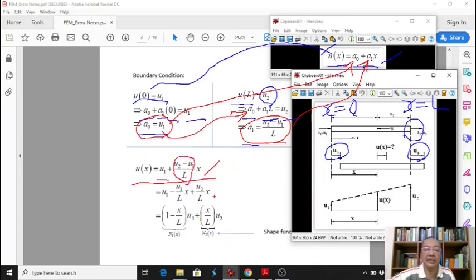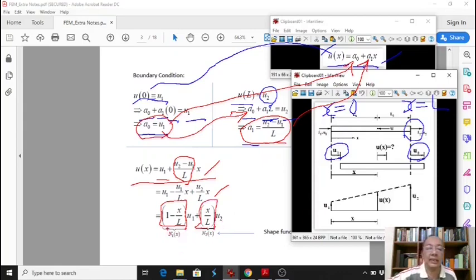We simplify this and factor it, so this is the first factor for U1 and this is the second factor for U2.